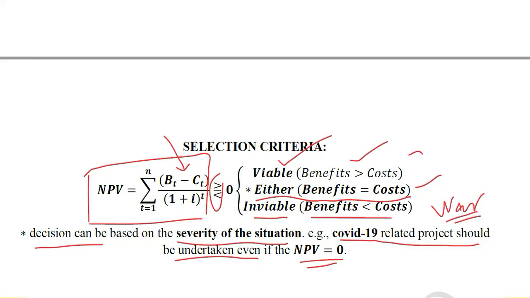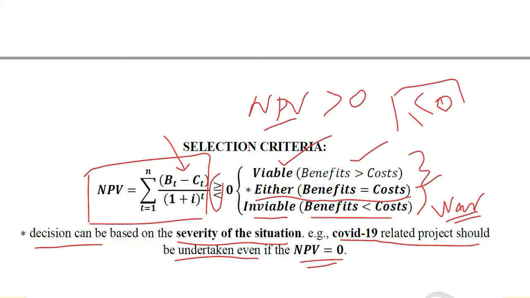However, our technical knowledge guides the decision makers on whether they should undertake the project or not. And for that, using this criterion, NPV should ideally be greater than 0, positive. Otherwise, if it is less than or equal to 0, then definitely there are question marks.